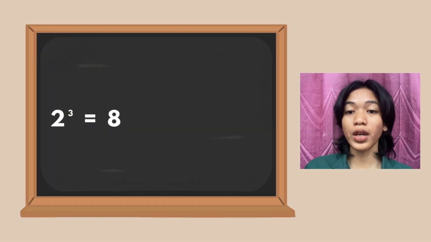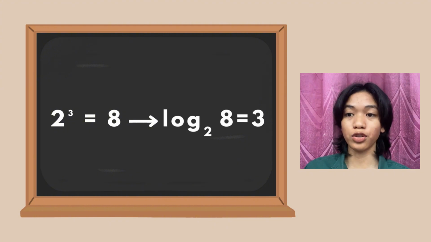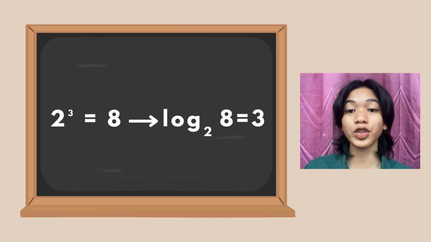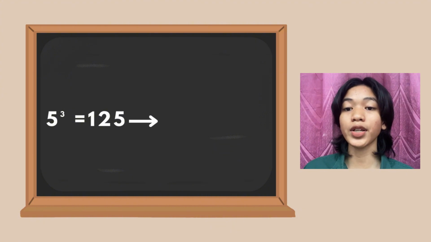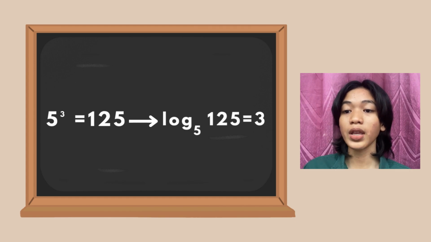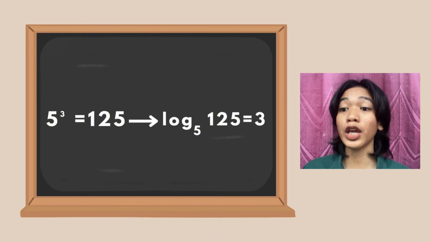If 2 to the power of 3 equals 8, then in logarithmic form it becomes log base 2 of 8 equals 3. Number 3. If 5 to the power of 3 equals 125, then in logarithmic form it becomes log base 5 of 125 equals 3.